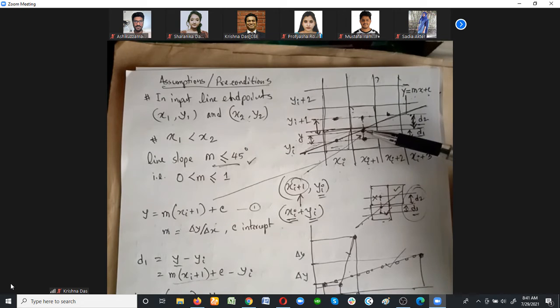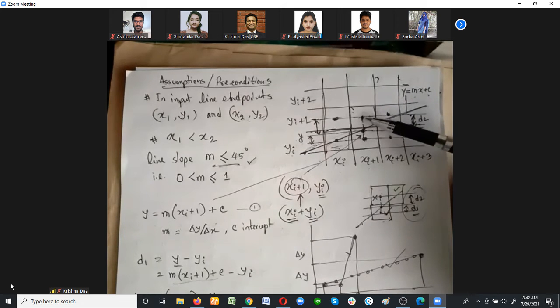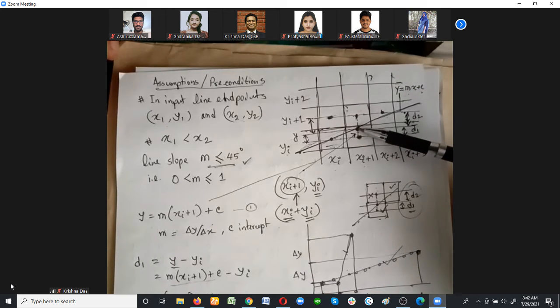The distances we are talking about: D1 indicates the distance from the line to the lower pixel, and D2 is from the line to the upper pixel, as you can see. And this point is what we are considering as y.